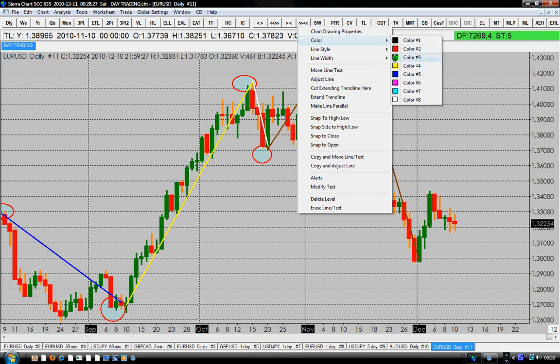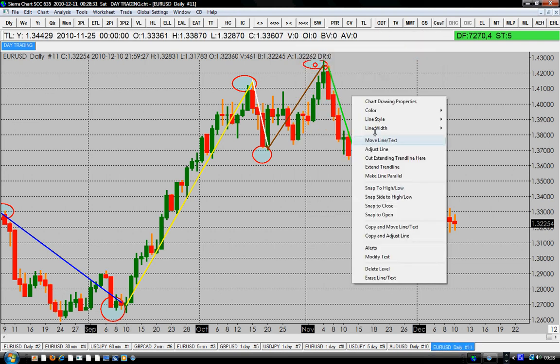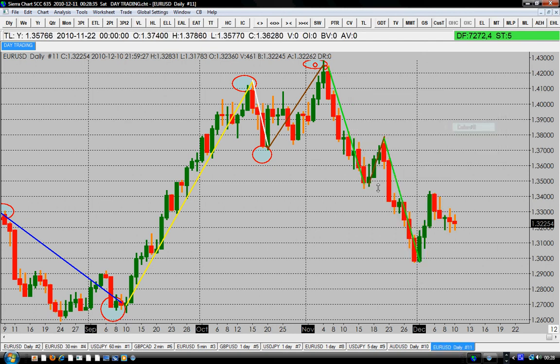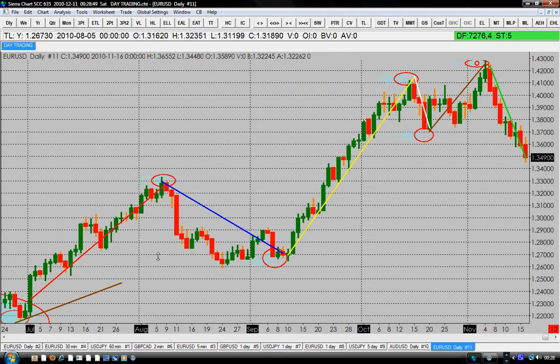I will choose this green for the A, I'll leave this one brown, and I'll color the other one green again for you. This one from here to here was the A. From here to here is the B, and from here to here is the C. A full Elliott wave cycle the market has drawn here.